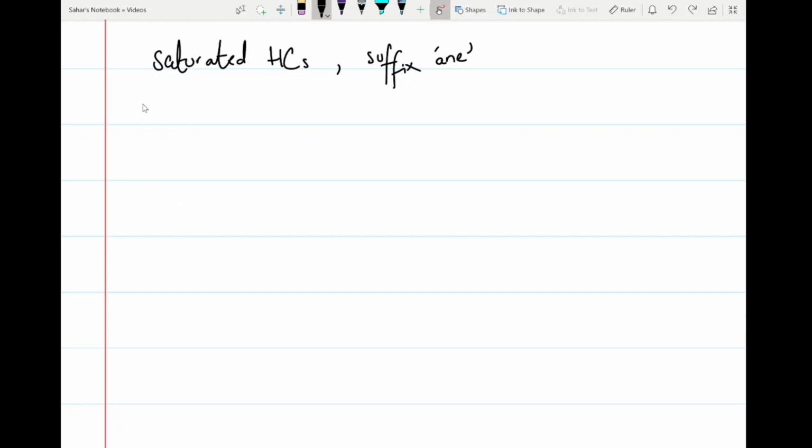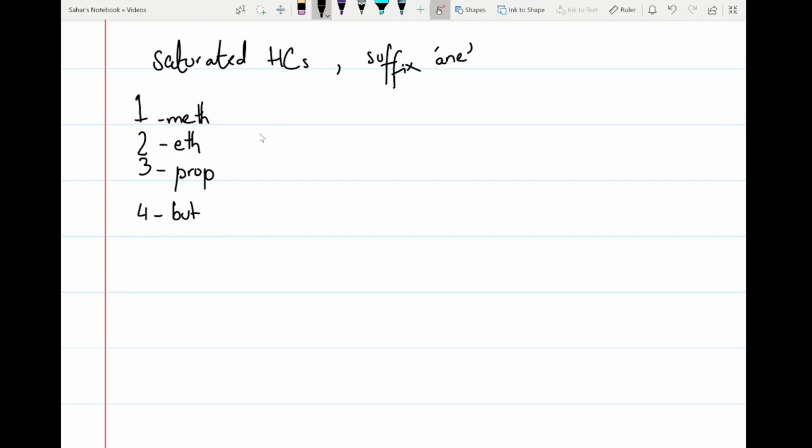So the lowest number of carbons we can have in any compound is 1, and this has the prefix meth. And then we have compounds with a carbon number of 2, and they have a prefix of eth. Then compounds with 3 carbons have the prefix prop. Those with 4 carbons have the prefix but.